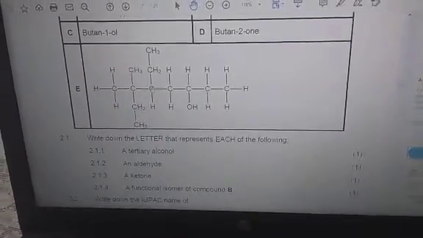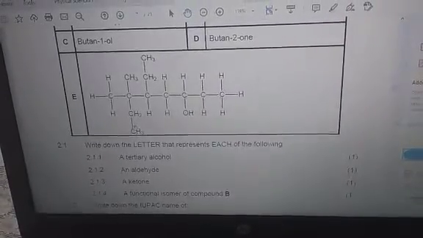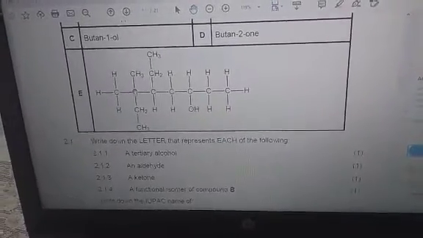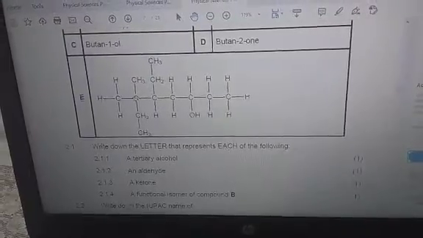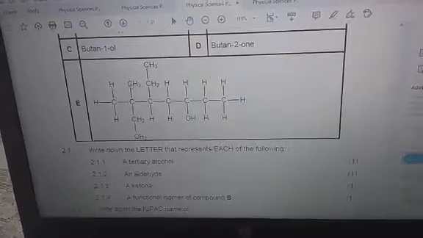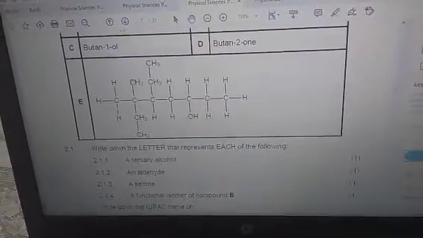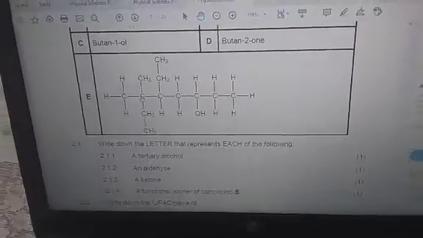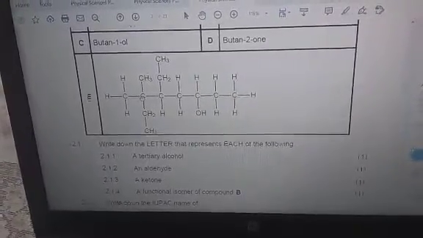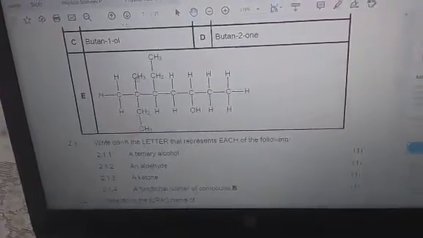We only get to a branch on the 5th carbon. From this side, 1, 2, 3. This is already on the 3rd one, we have reached a branch, so we start from this side. Okay, what is this and what is this? So we have 2 branches on the 3rd carbon. What are those branches? They are methyl.